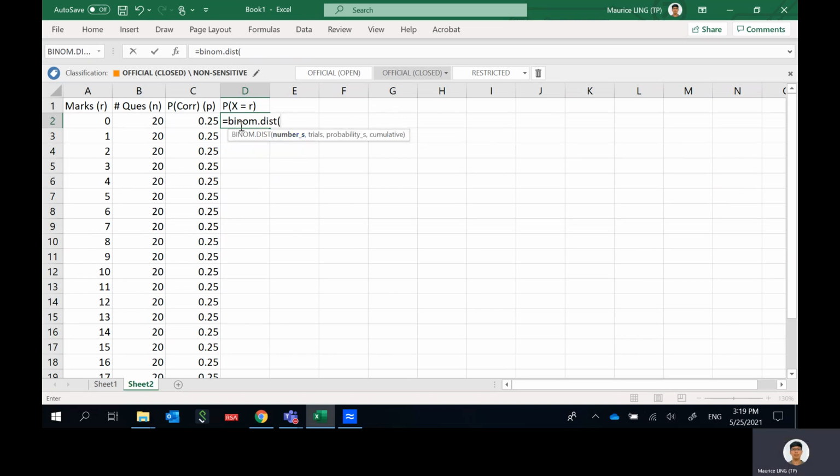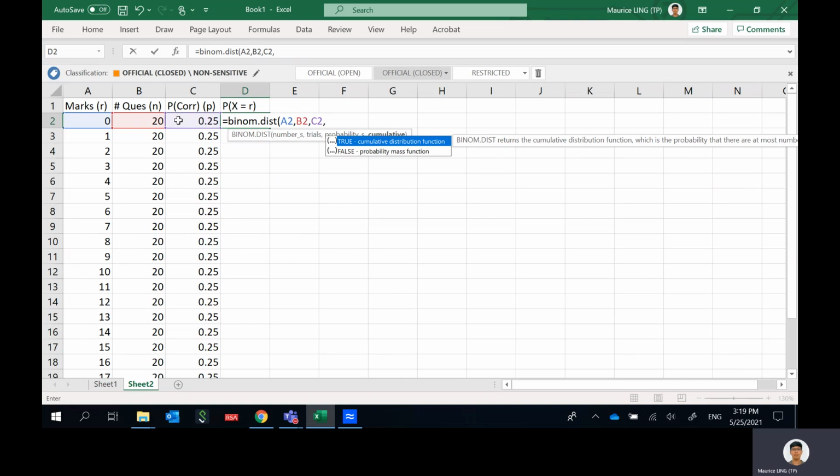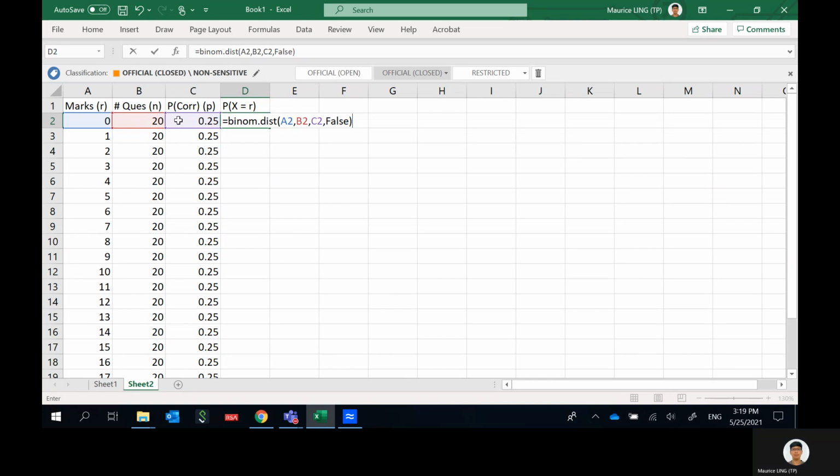Successes is R, trials 20, probability of success, and false. So the probability of getting 0 marks is actually 0.3%.